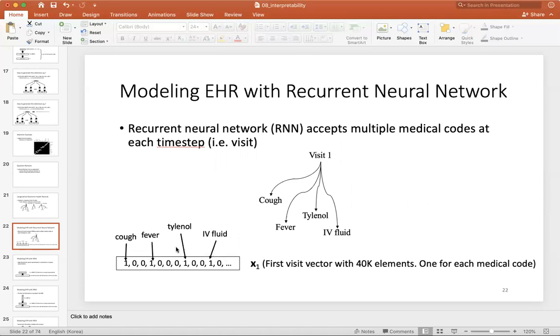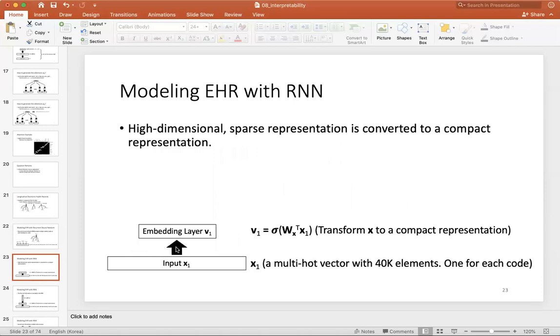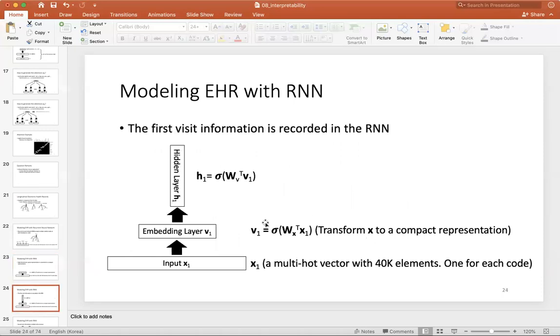So this will be your visit representation, and then you put it through an embedding layer to project it into a lower dimensional space. You get V1, which is the visit embedding now, and then you put that into your RNN. So H1 will now represent the visit.